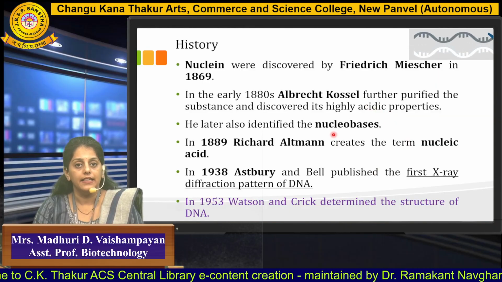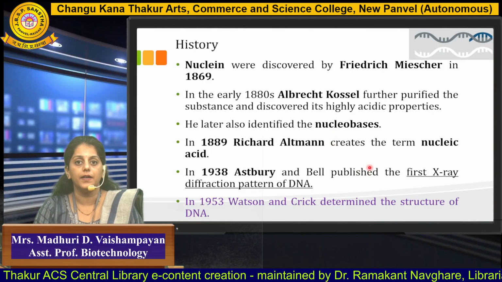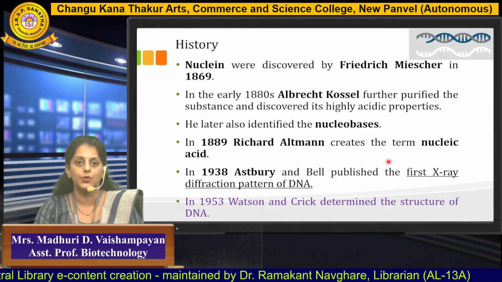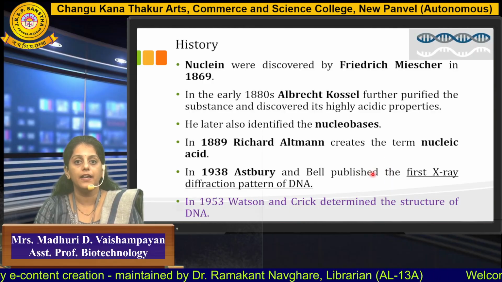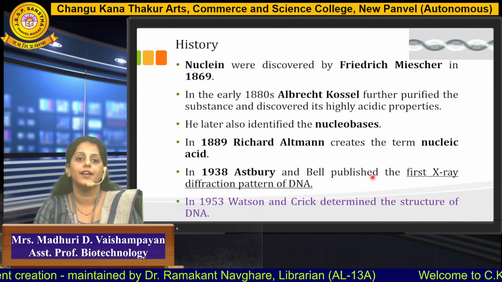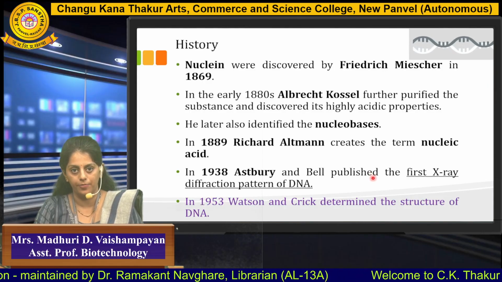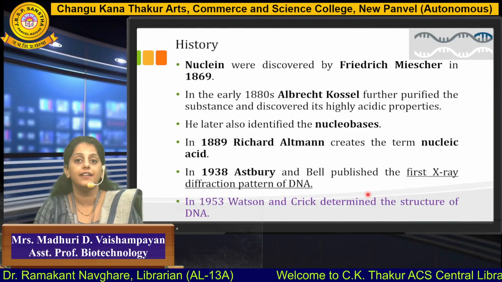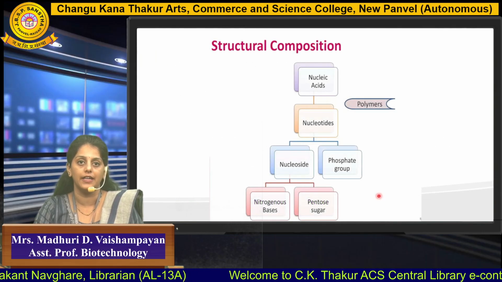In 1889, Richard Altmann coined the term nucleic acids. In 1938, Astbury and Bell published the X-ray diffraction pattern of the DNA molecule. In 1953, Watson and Crick determined the structure of the DNA molecule.